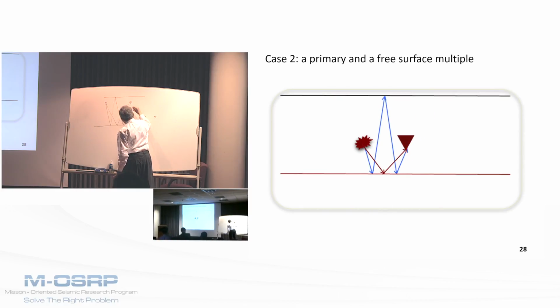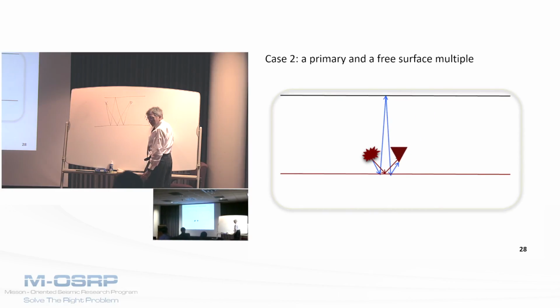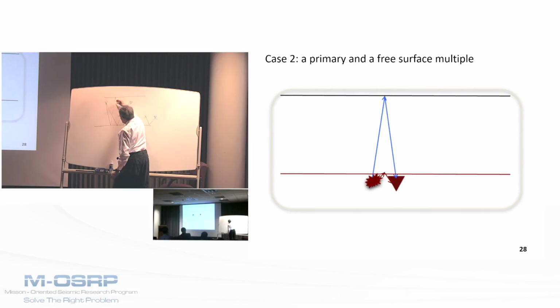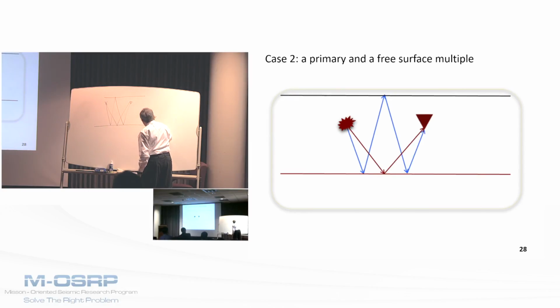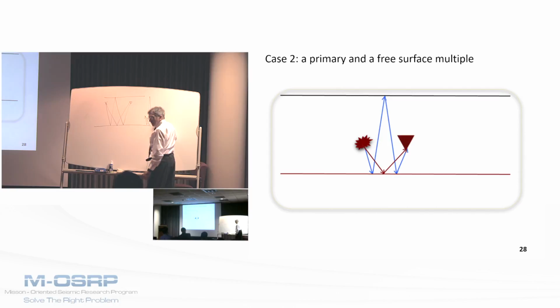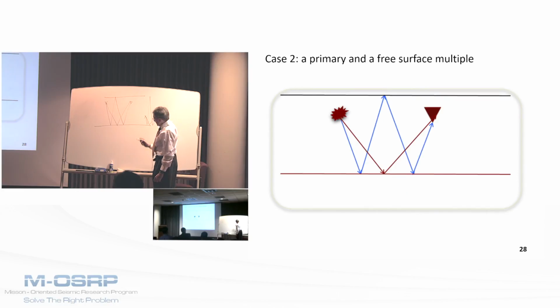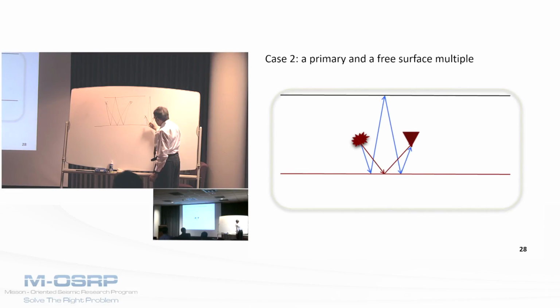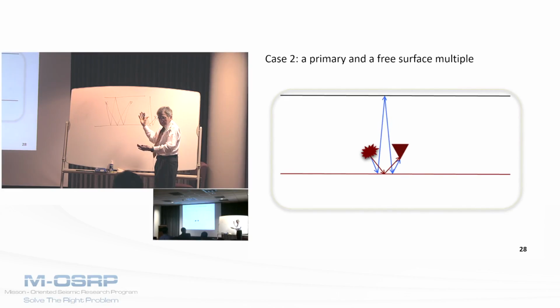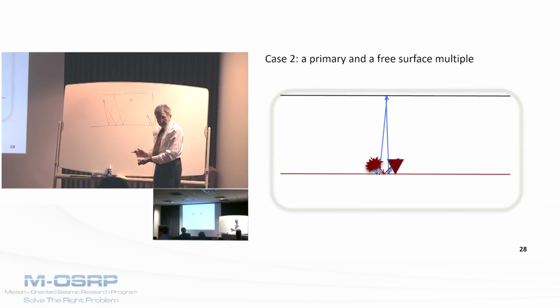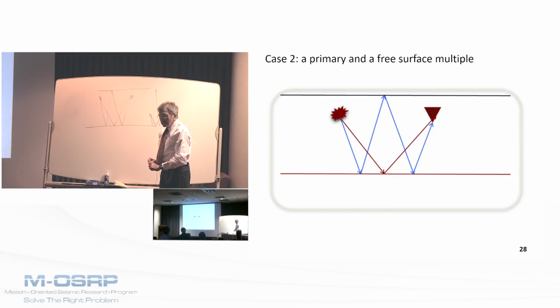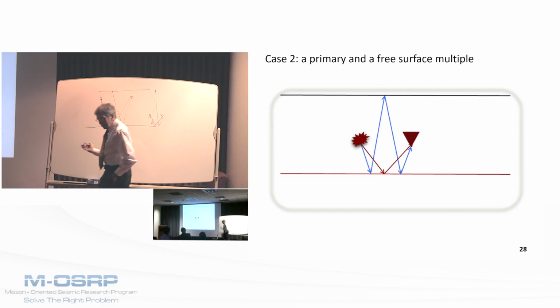This primary becomes this primary, yes? And this free surface multiple becomes this free surface multiple, yes? Still a free surface multiple. When I say small time, there's only one guy with small time. This is at some time, it doesn't contribute. What is the lesson here?